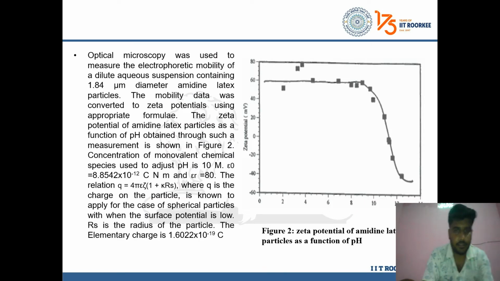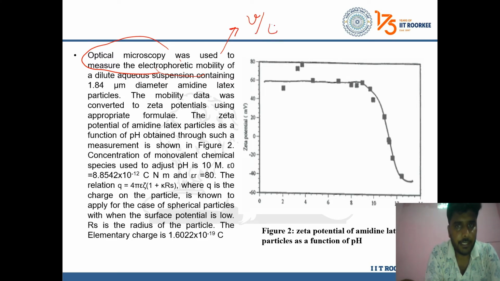Okay, this is the question based on the zeta potential. What is given here: the optical microscopy technique is used to measure the electrophoretic mobility, which is the velocity per electric field, of a dilute aqueous suspension containing these diameter amidine latex particles. These are, I think, spherical particles. So this is the diameter, so the radius will be 0.92 micron.